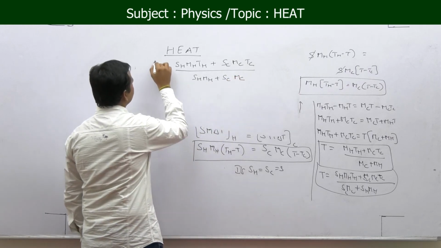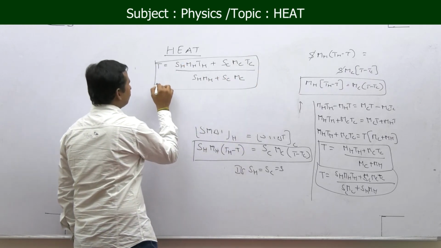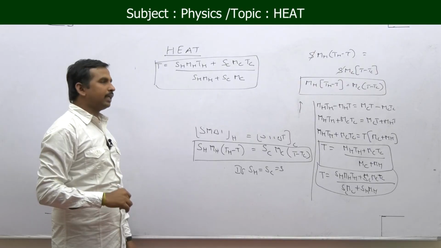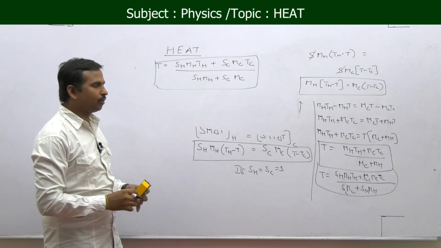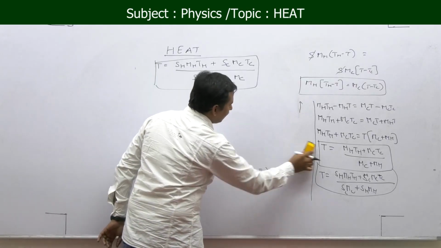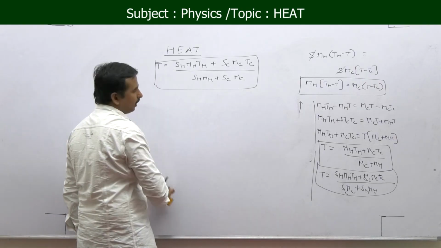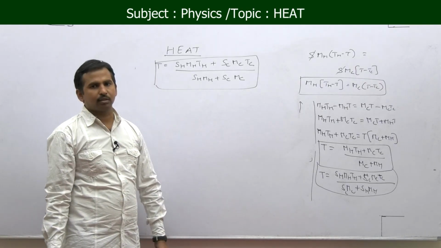This is the final temperature formula, okay. Now let us see a numerical example on this principle of calorimetry. I am taking a simple case where both bodies have the same specific heat.